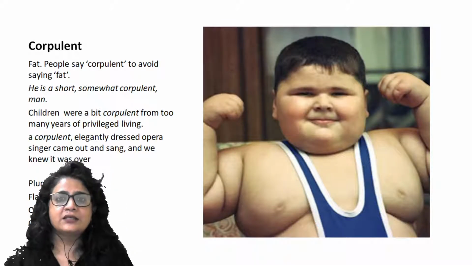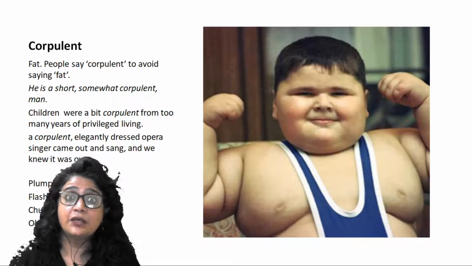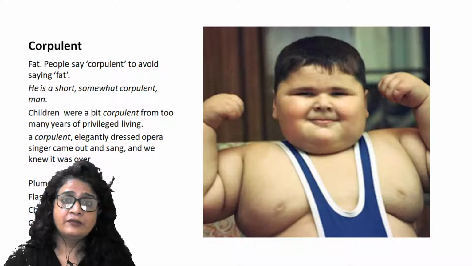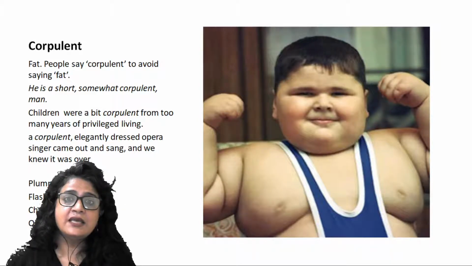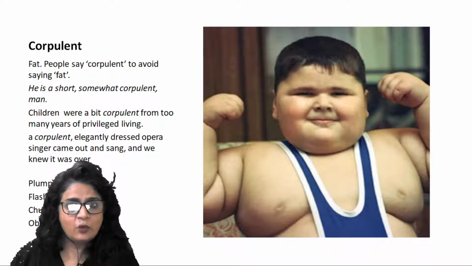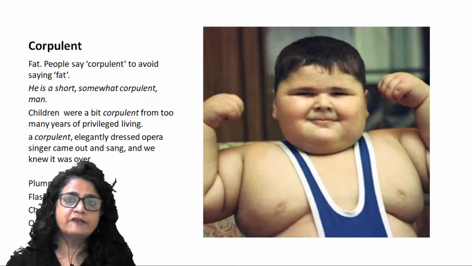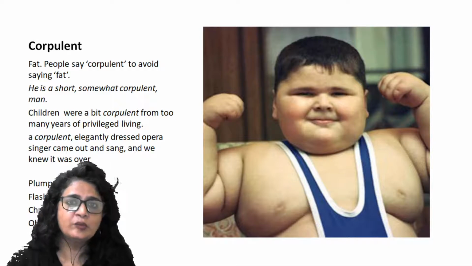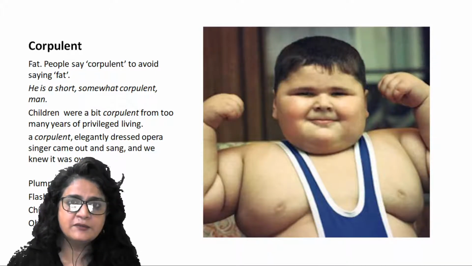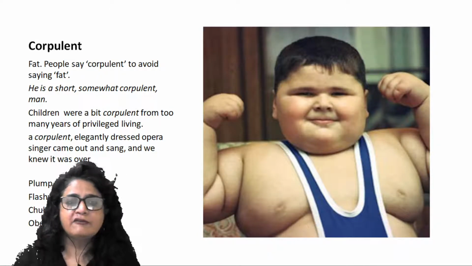Remember the actor or singer Adnan Sami earlier. Remember his picture. Try to remember the physical appearance he had earlier. He went through that transformation and became quite thin and healthy now, but earlier he was a corpulent figure. So corpulent is obese, fat, and this word is used as a sugar-coated way, as a euphemistic term for calling somebody fat.